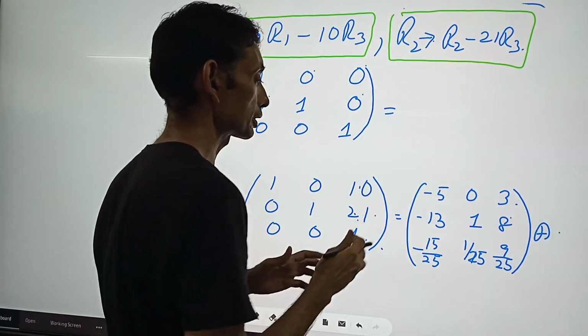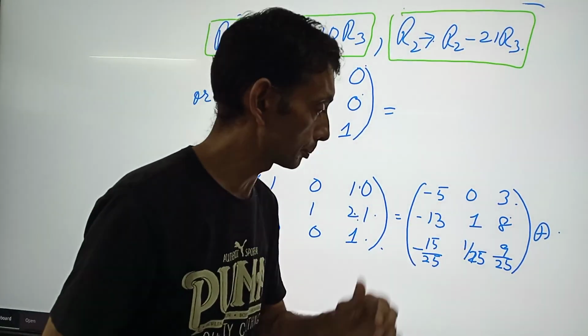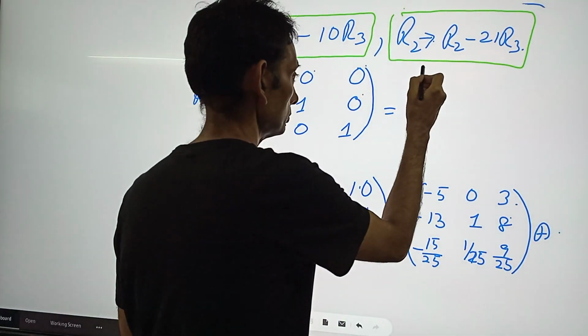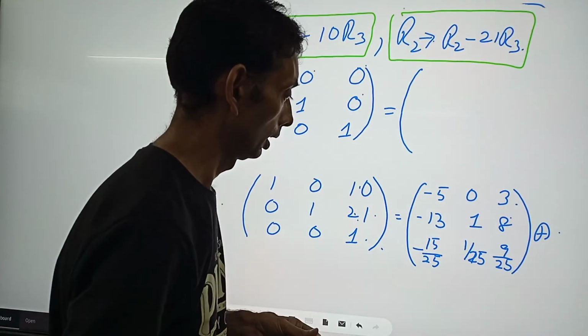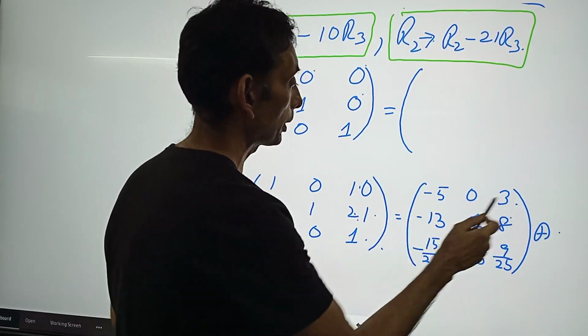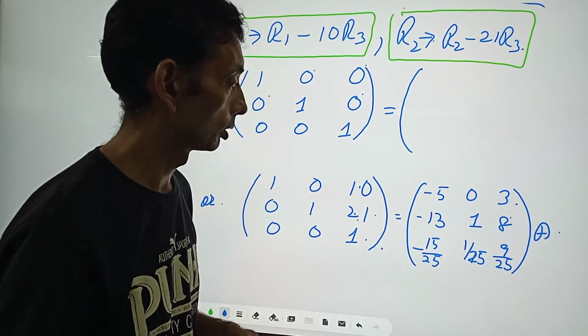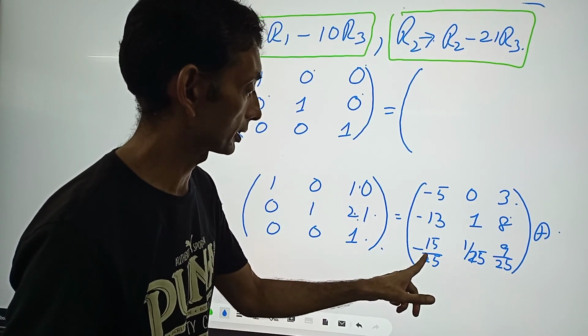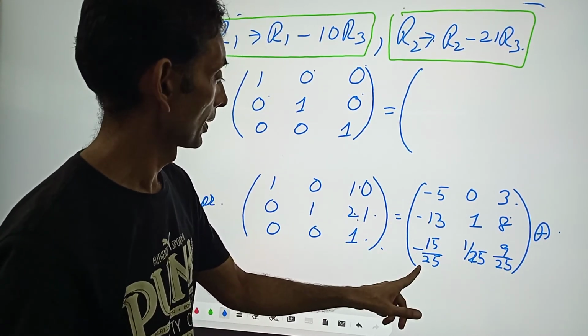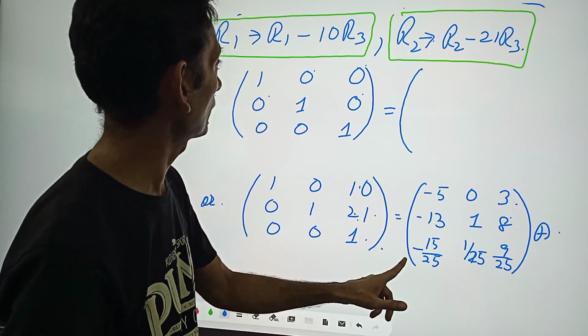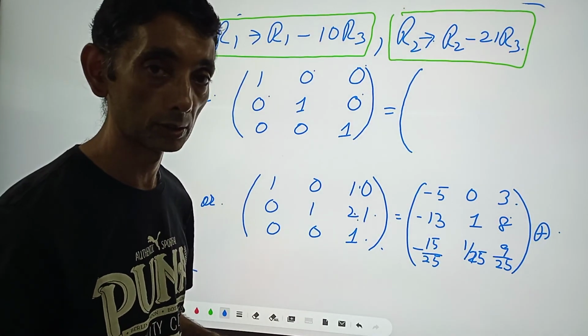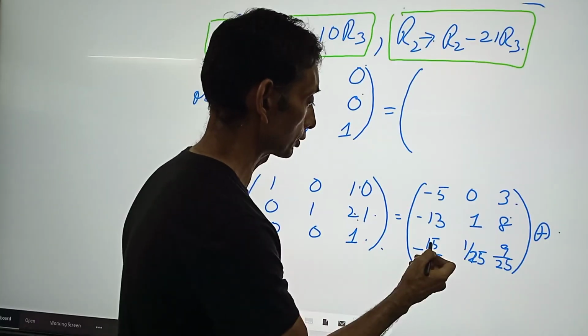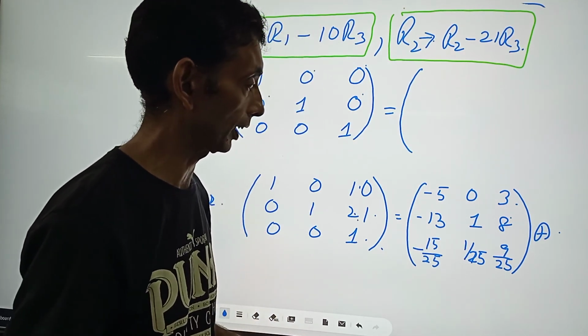Now let us make the changes in this particular matrix. To make the change in the first row, we have multiplied minus 15 by 25 by minus 10. Minus 10, that means plus, it will be plus 150 by 25.